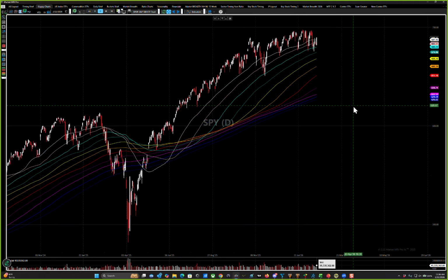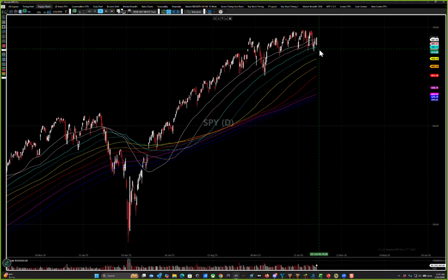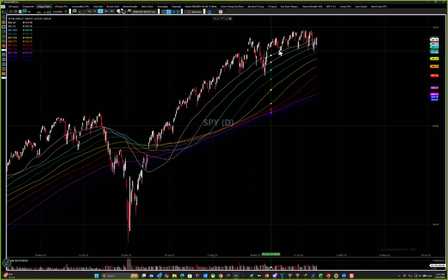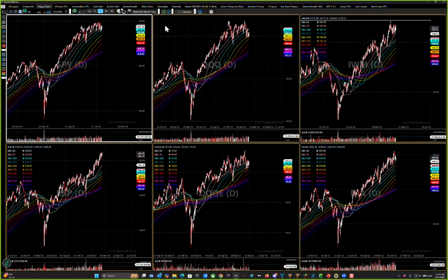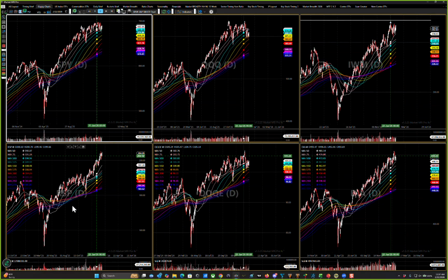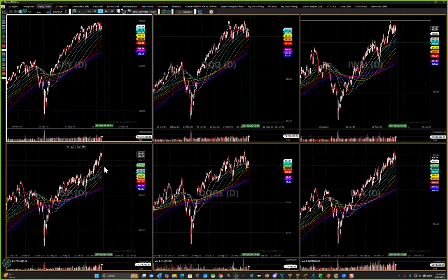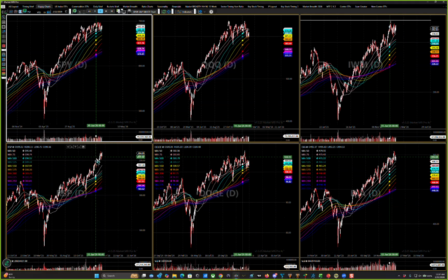And for the longest time, we were riding in a really nice area. It's changed here. It's changed here. And if you look at the other indexes, it's changed across, except for, well, here's the RSP, and isn't this interesting? The equal weighted spiders are doing better.